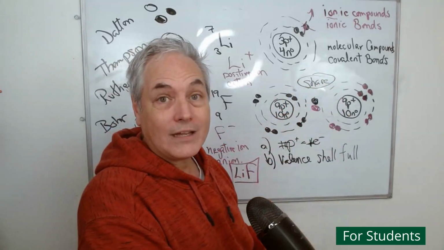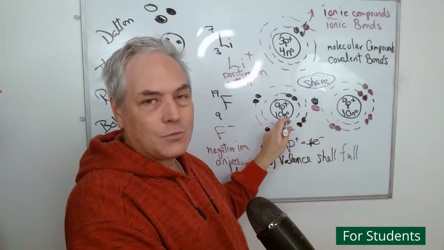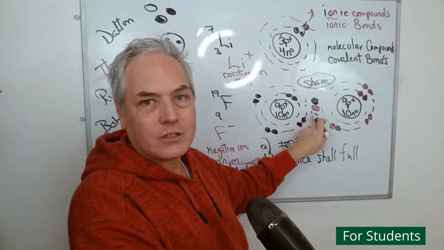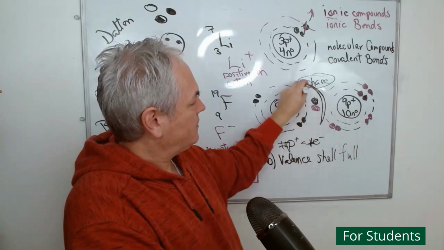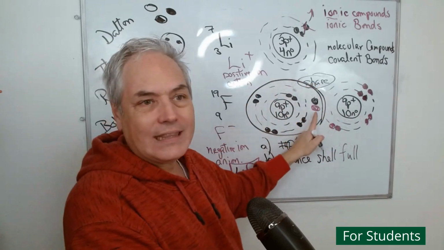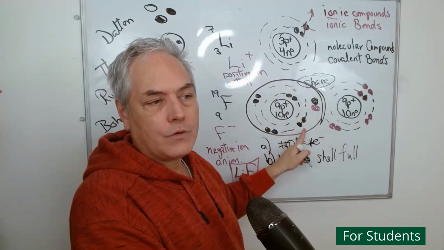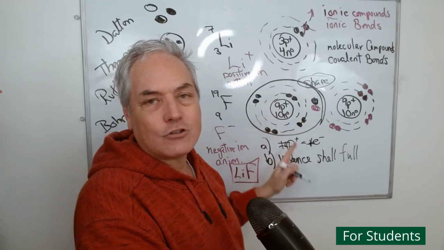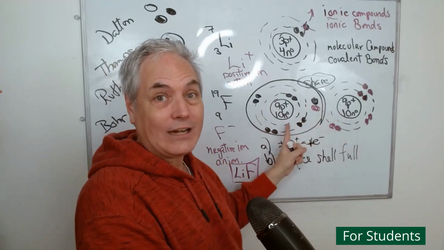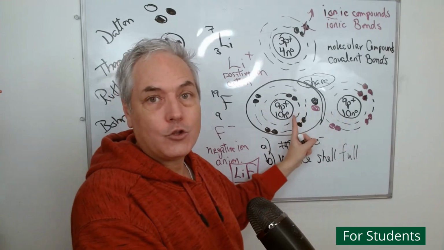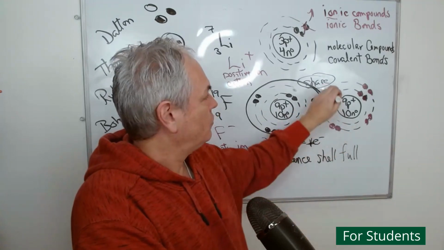So what do I mean by sharing? Well, this one here will say, you know what, I want an electron. Share one of your electrons with me. So when it does, it now has 1, 2, 3, 4, 5, 6, 7, 8 electrons on the outer shell. However, as soon as this fluorine shared an electron, it says, wait a minute, I shared one with you, I want you to share one with me too.